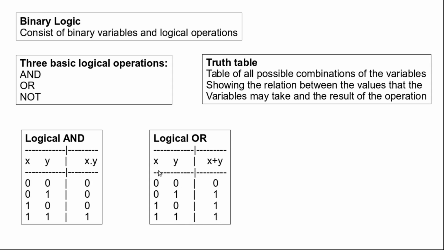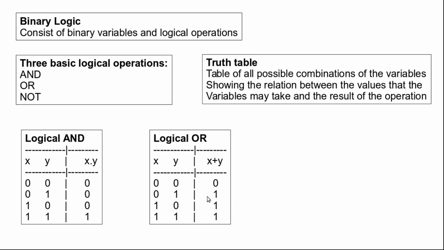So for x equal to 0, y equal to 0, x or y will be 0. For x equal to 0, y equal to 1, x or y will be 1. For x equal to 1, y equal to 0, then also x or y will be 1. And finally when x is 1, y is 1, then also x or y will be 1. And so this is how logical OR is defined.